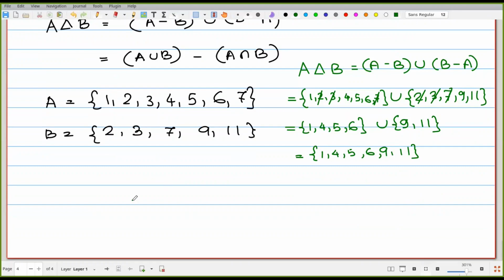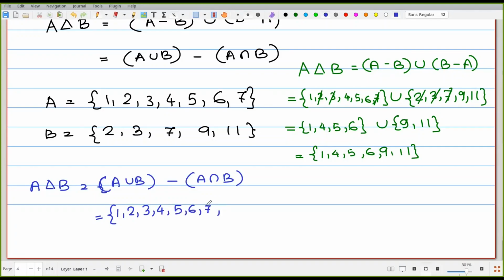Then the second way. A symmetric difference B is A union B minus A intersection B. So let's check. A union B means 1, 2, 3, 4, 5, 6, 7, then 2, 3, 7 already common, 9, 11, minus A intersection B, which is 2, 3, 7.